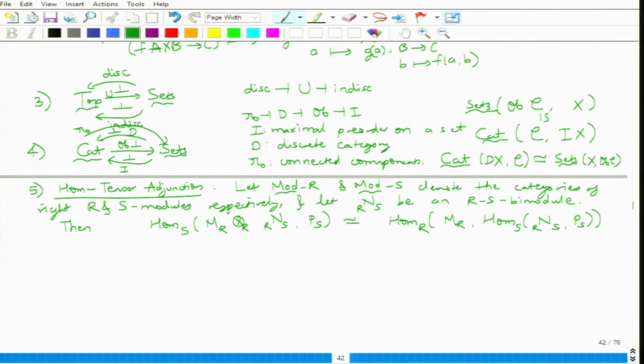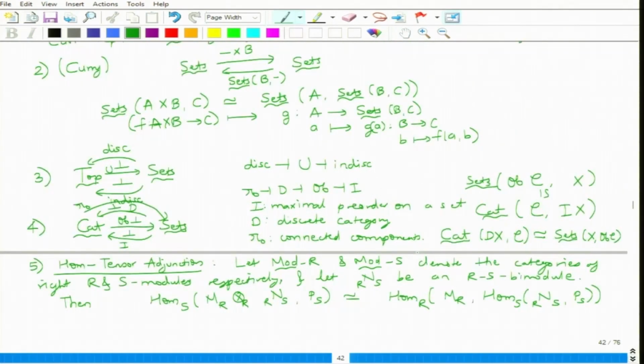Okay, and this is a standard fact from algebra. You cannot work with tensor products if you don't know this, but I want you to see the similarities between example 2 and example 5. So I'm going to write down what this is.